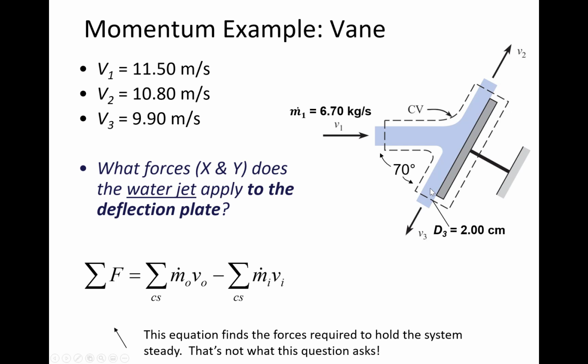With the diameter and velocity at 3 given, you can calculate m dot 3. And if you know m dot 1 and m dot 3, you can calculate m dot 2. Let's just get to that point, and I'll interject after you have some time to calculate and type into the chat box, what is m dot 3 and what is m dot 2?